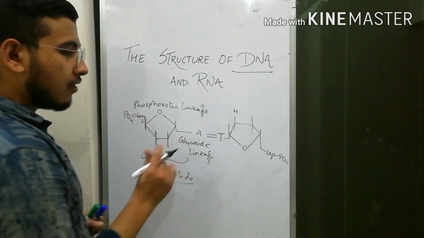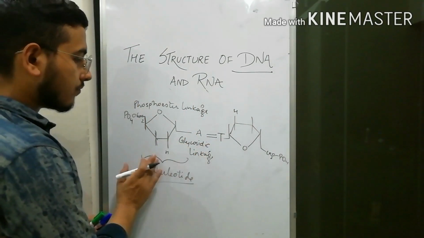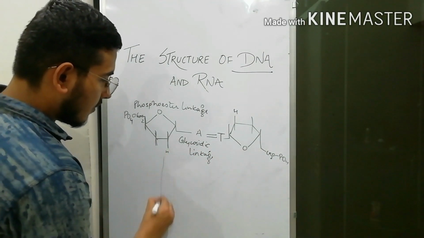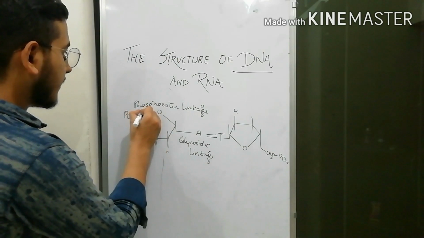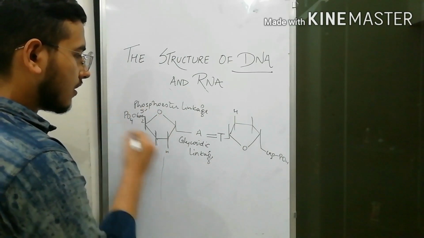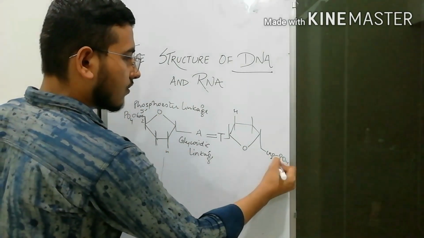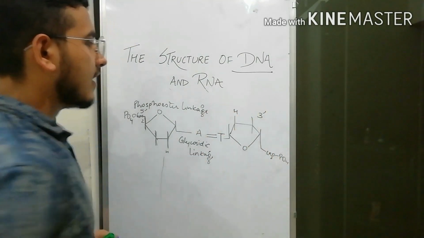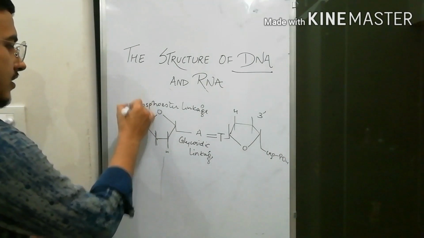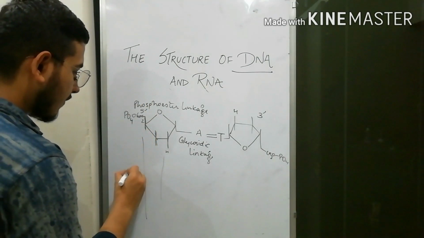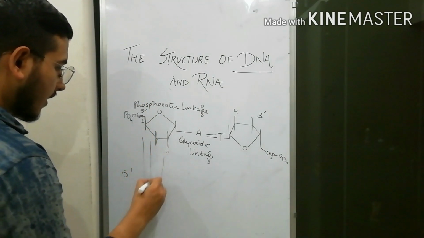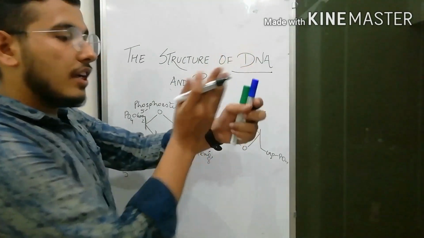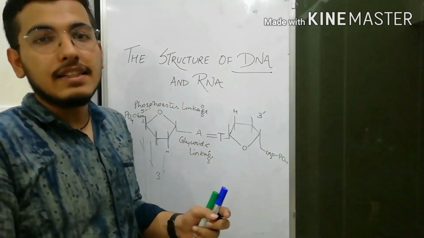This is a complete nucleotide, and like this anti-parallel, here it's the 5' position and here it's the 3' position. One chain runs 5' to 3' and the other runs 3' to 5'. Both chains run anti-parallel, and they take turns to form the double helix.